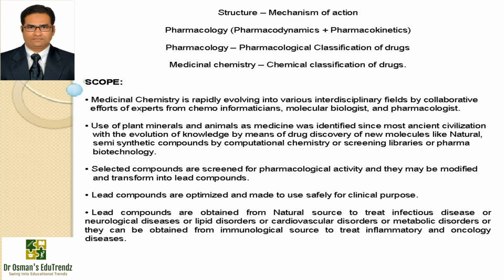So in medicinal chemistry, we classify the structures based on their basic nucleus, like what kind of chemical structure the drug is made up of. So we have to classify the drugs on the basis of chemical structure.